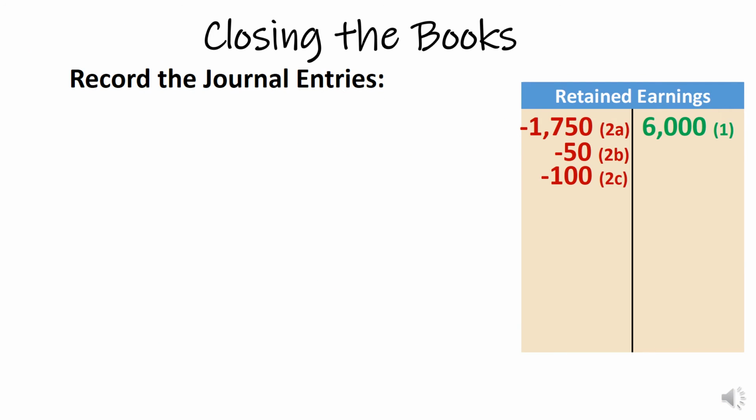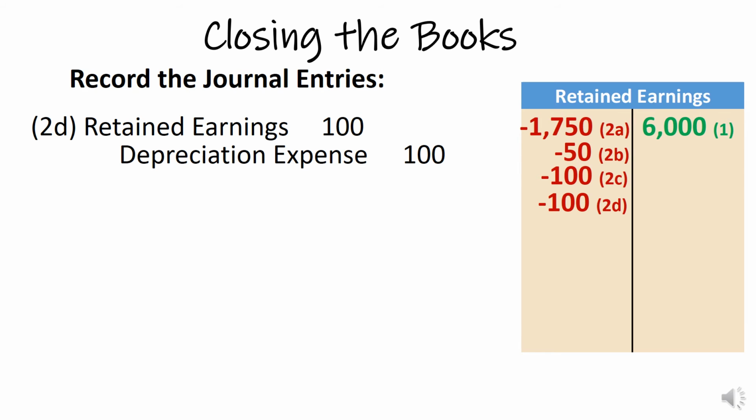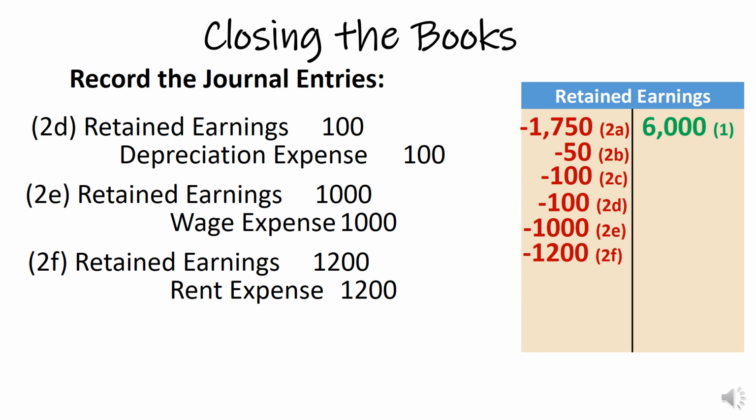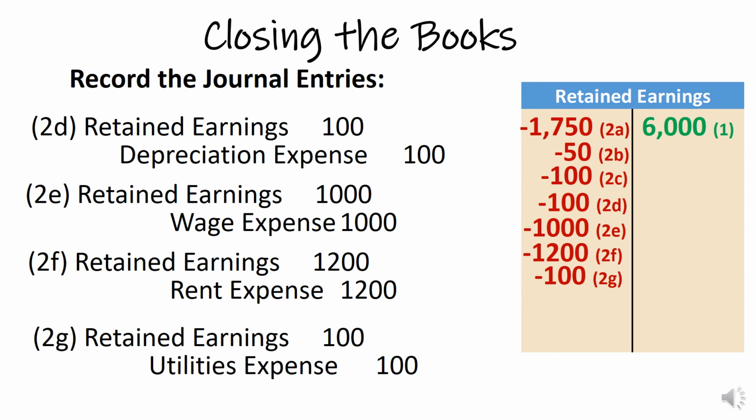We continue with this process for each of the transactions in Mr. Goodman's trial balance. The remaining transactions include $100 of depreciation expense, $1,000 salary that Mr. Goodman paid to himself and to his administrative assistant, $1,200 to cover the rent on his facility in that shopping center, and $100 of accrued utilities expense to pay for the electricity and the water in his office building.